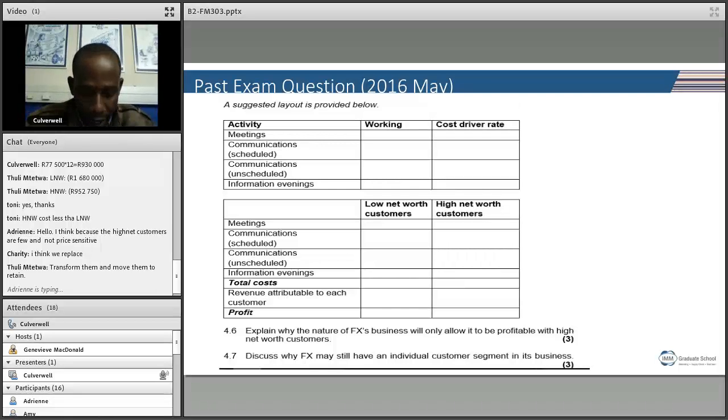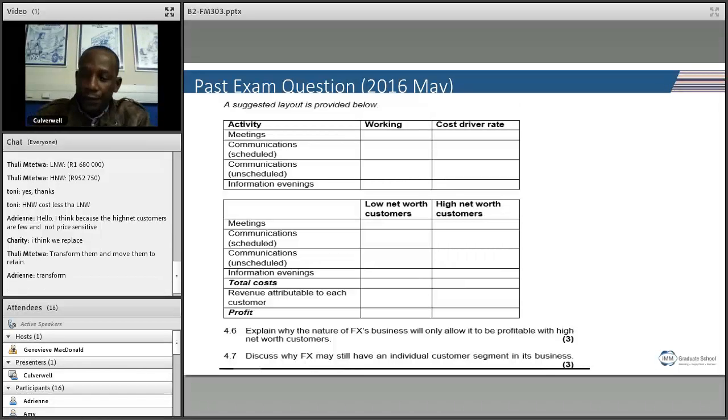Drain is also typing. On the replace part, you wouldn't say we should replace. The reason being, a customer that falls under replace is a customer which we are not targeting. But if you look at the context of this question, the very first sentence says, FX is an international asset manager. Asset managers invest money on behalf of clients in order to generate a risk-adjusted return.